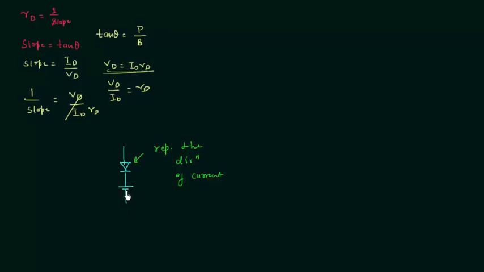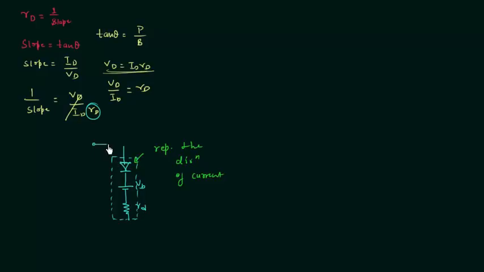This will oppose the flow of diode current, and there is the diode resistance RD. This is the barrier potential VB, and this is the equivalent circuit for the diode in the piecewise linear model.